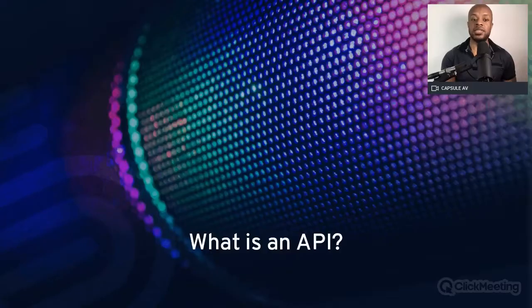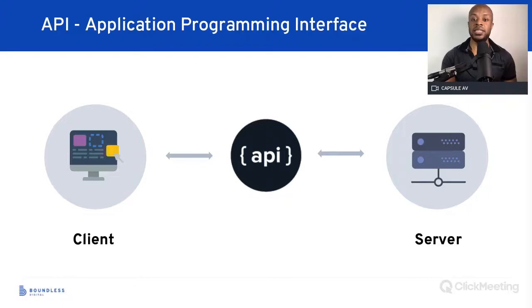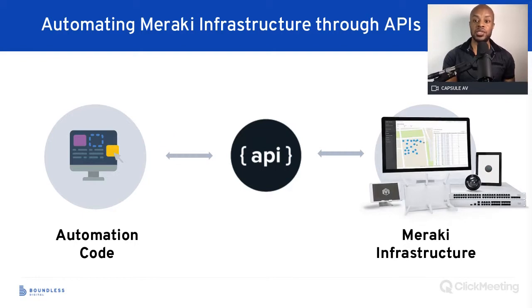So what is an API? API stands for Application Programming Interface. That means that there's basically an interface or gateway that translates messages from one computer program to another. And specifically, in the Meraki case, it allows computer programs to communicate with your Meraki infrastructure.